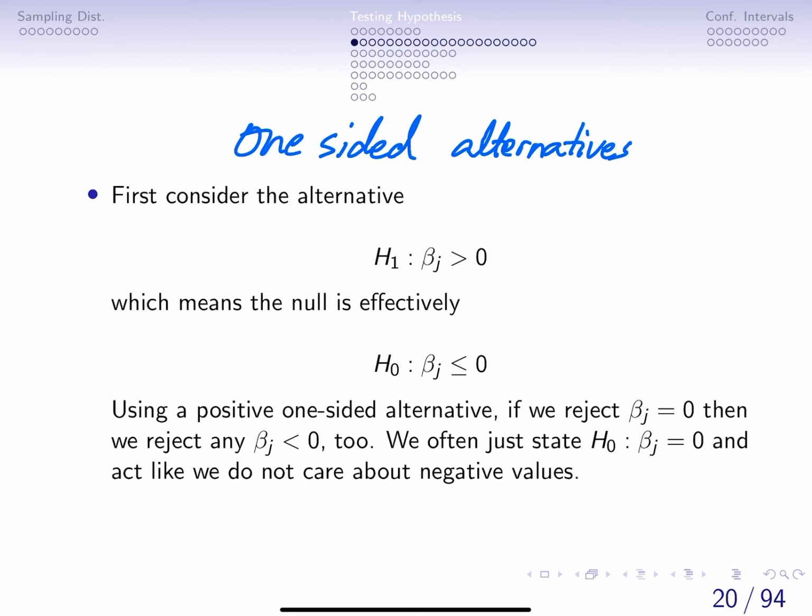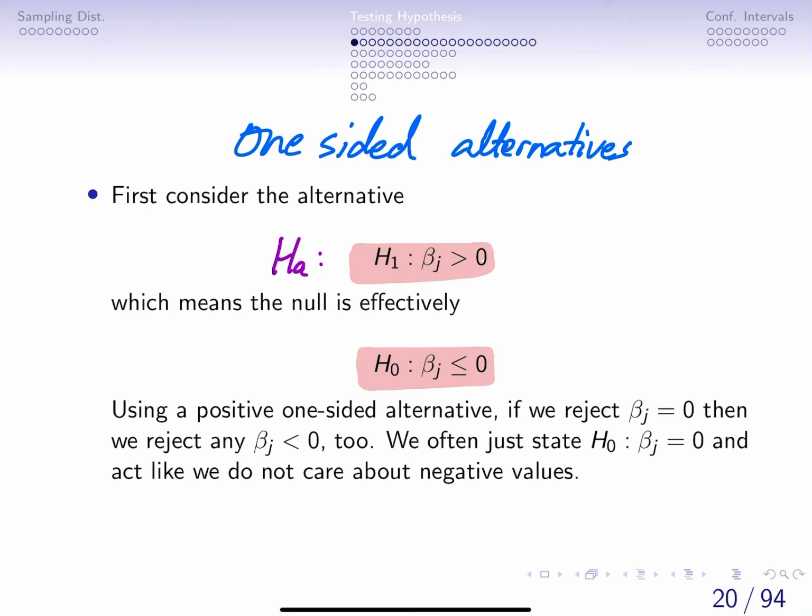in which case our null hypothesis, let's say, looks like this, if we hypothesize that beta j is less than or equal to 0, then we can set up our alternative, which is represented by h1 or sometimes ha. Either you use ha or you use h1, it's the same thing.